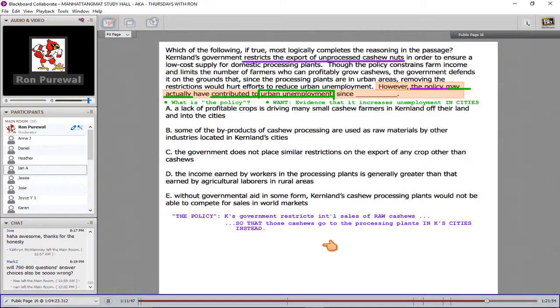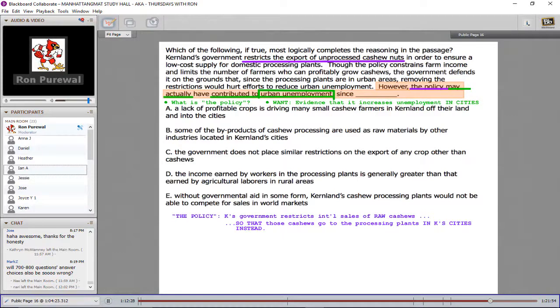So basically the implication is if this policy were not in place, then these plants would get less business because these cashews would go overseas. Okay, the government defends it. The government says that because the plants are in the cities, it keeps these people employed.